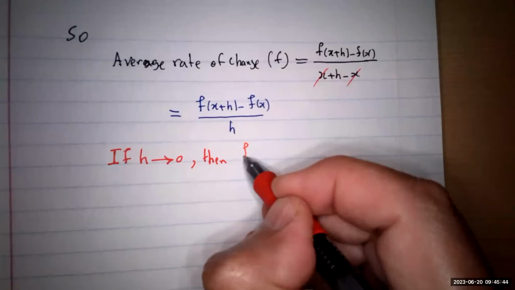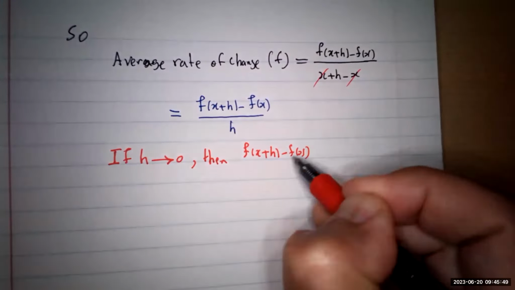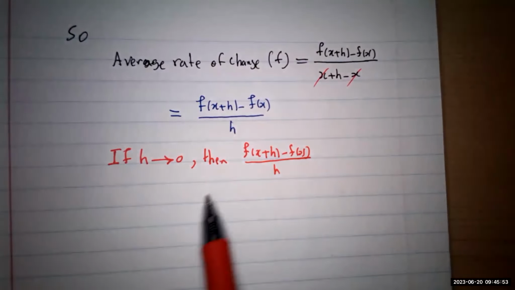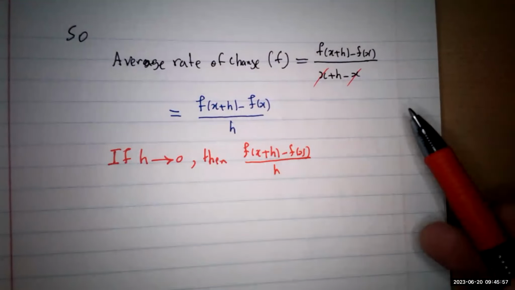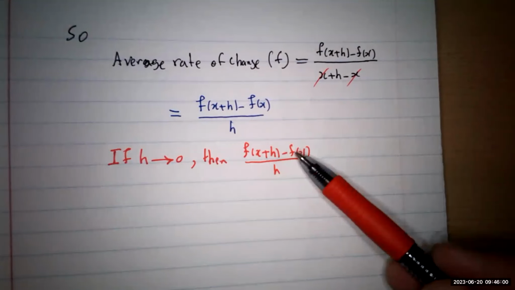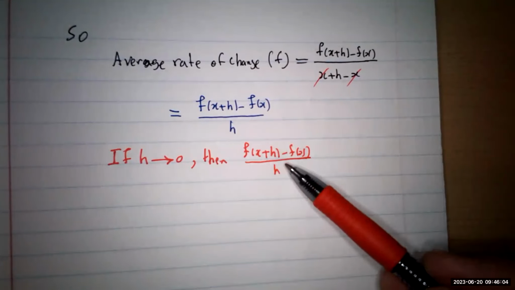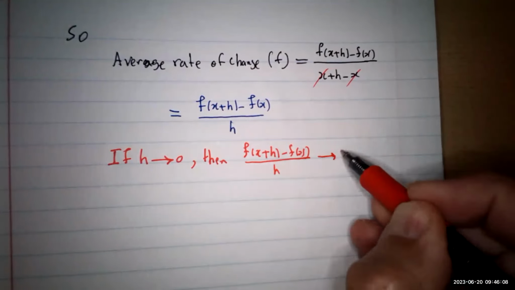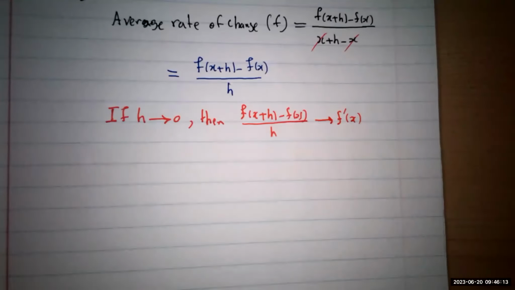This quotient, f of x plus h minus f of x over h: the top would be the rise, the bottom would be the run. So this is the slope of a secant line. And as h goes to 0, this goes to f prime of x, the slope of the tangent line that we created before.